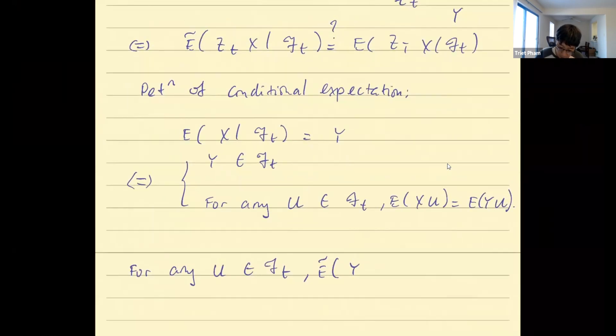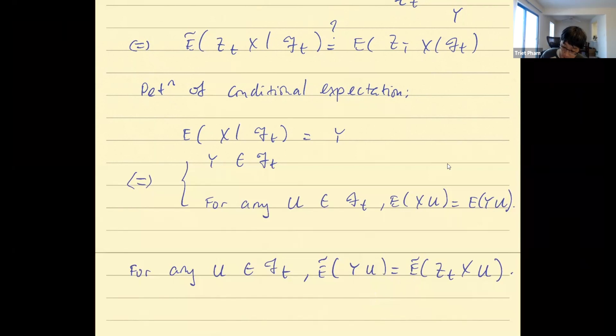Expectation of Y times U is expectation of E tilde of X times U. Maybe my X is a little bit too confusing. Is equal to expectation of like that.